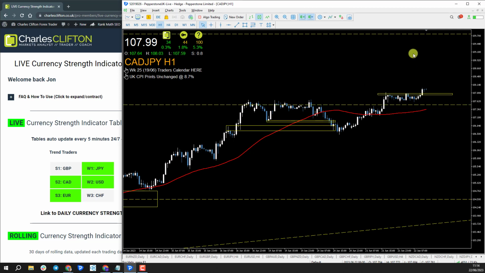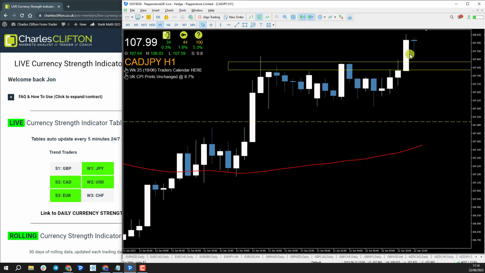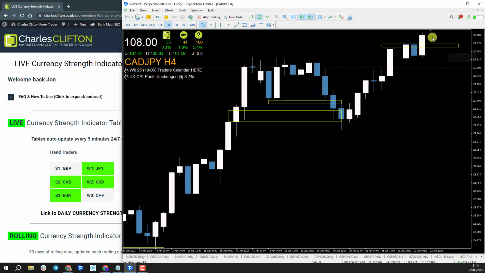So again, very positive risk reward ratio, but this is definitely one more suited for a day trader than it would be a swing trader. A swing trader may want to open up to the 4-hour, may want to look at entries more around the 107.60, where you can see we've had that little bit of resistance and support. So definitely one to choose from there.